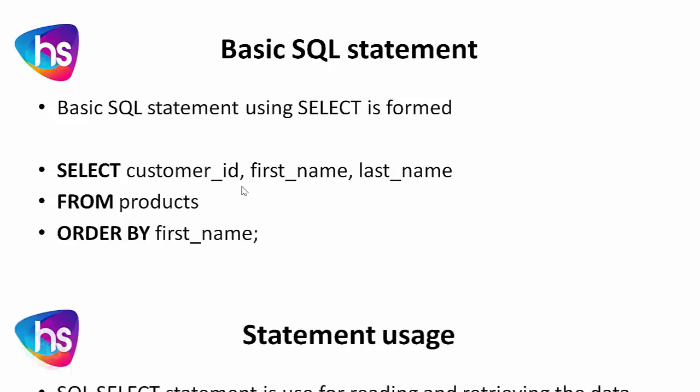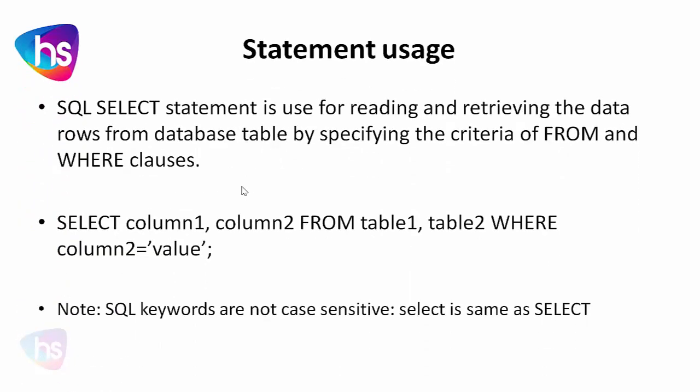Now, the SELECT statement is used for reading and retrieving data rows from the database by specifying any criteria, like a condition or a date range. For example, I want only the data from the table for the month of February, from 1st February to 29th or 28th February, depending on the year.